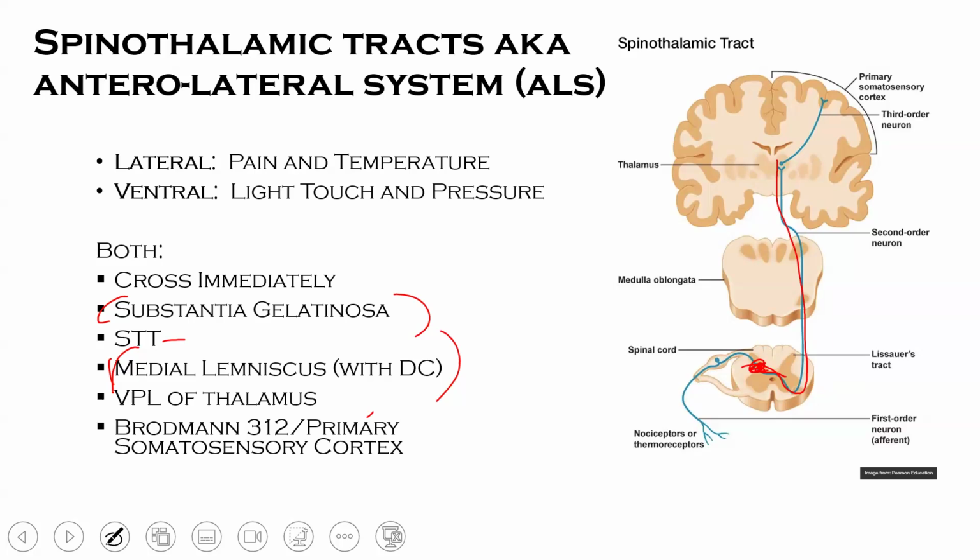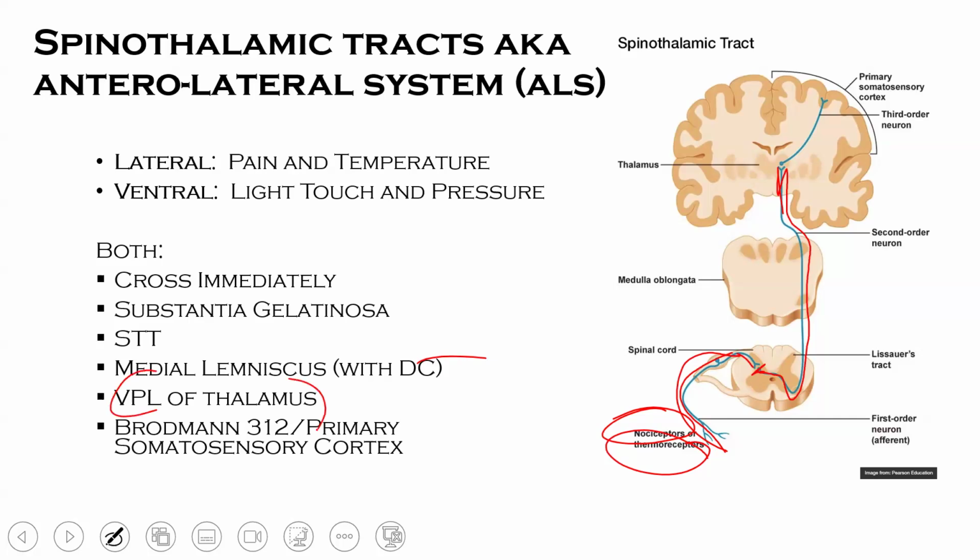So we're going to see the nociceptors, pain receptors, and the temperature receptors coming in, and then we're going to see its synapse here, or connect here, and then go up that medial lemniscal pathway with the dorsal columns. Then it's going to synapse here at something called the VPL of the thalamus, which is a special little nucleus in the thalamus. Thalamus is right here.